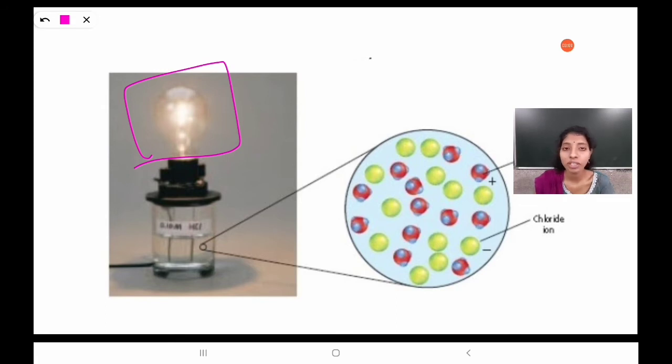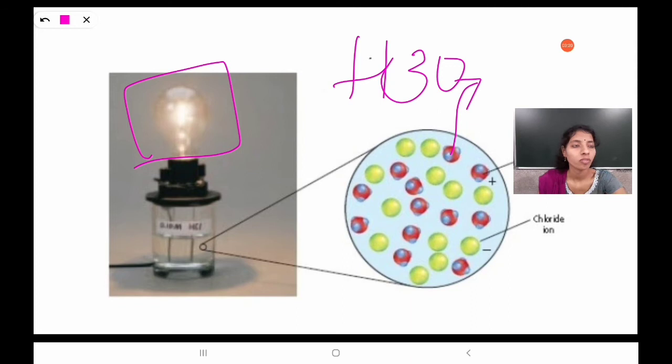How is it happening here? So we know when an acid is reacted with water, means when it is mixed with water, it releases some ions, right? So here you can observe the red color ions are hydronium ions, and the green color are chloride ions.